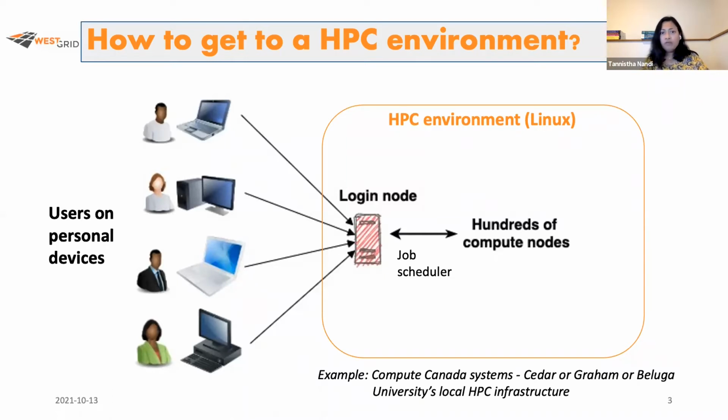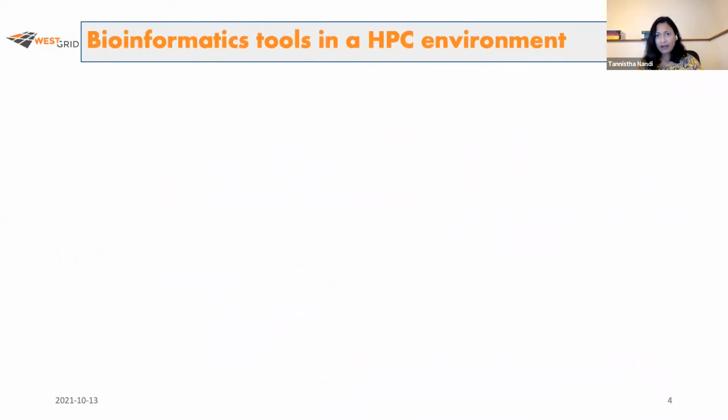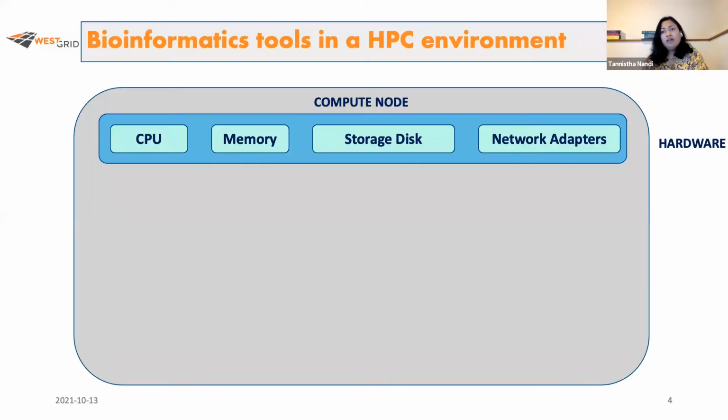So we are working on a compute node, and that's where we will first review the HPC environment on a compute node. So typically, when we talk of a compute node or a computer, we often talk about CPUs, memory, graphic cards, network adapter, disk drives, and so on, right?